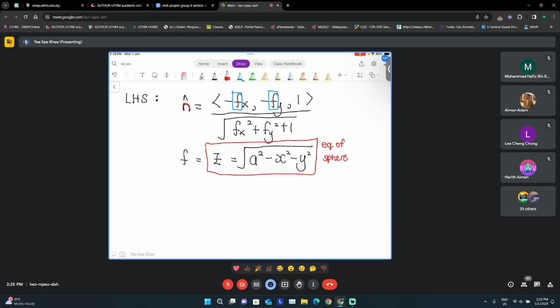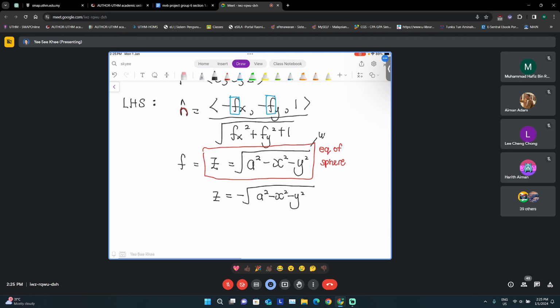In fact, for the equation of the sphere, you can have two, right? One is positive, the other is negative. This is the upper hemisphere and this one is the lower hemisphere.